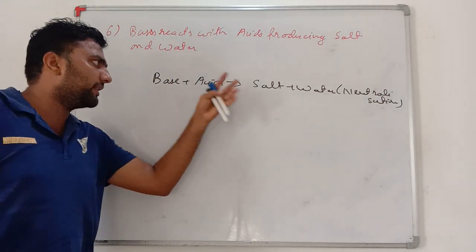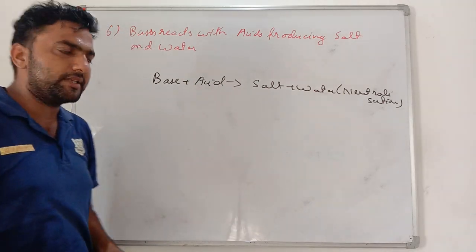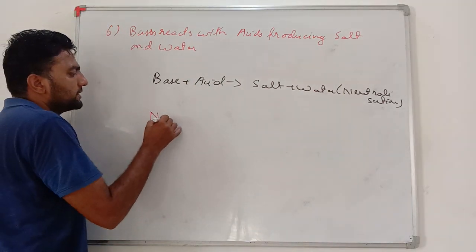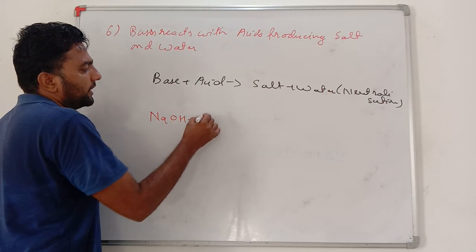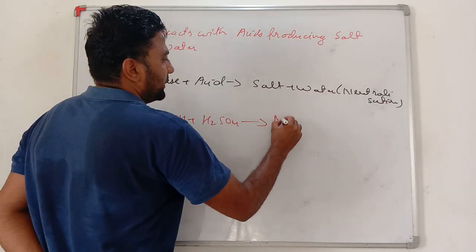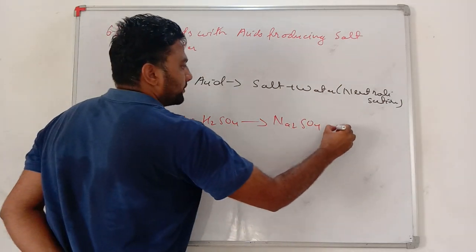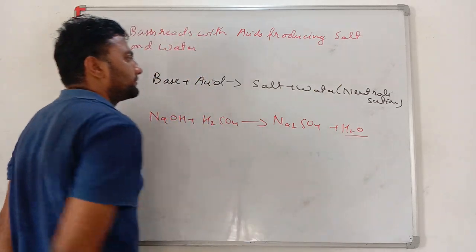If anything is neither acidic nor basic, then it is neutral. That's why this process is known as a neutralization reaction. An example is sodium hydroxide plus H2SO4, that is sulfuric acid. We get Na2SO4, that is sodium sulfate, plus water.